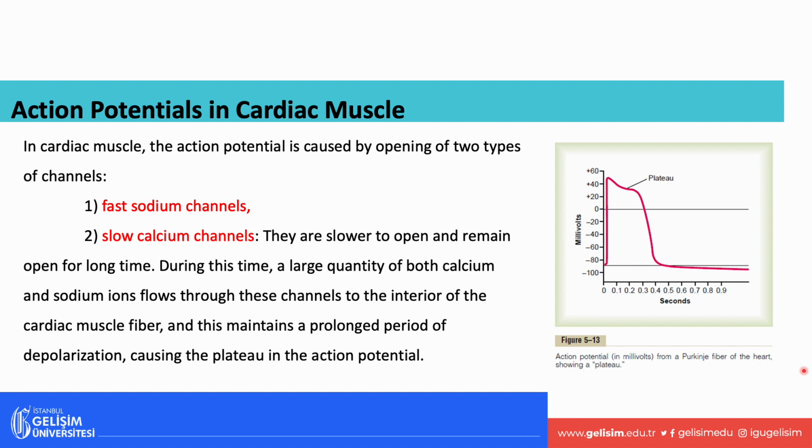So when sodium-dependent membrane depolarization occurs, the voltage change also opens channels that allow calcium to enter from the extracellular fluid. These are what we call the slow calcium channels because their opening is delayed a little bit.